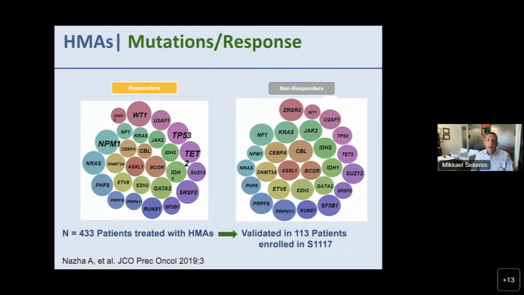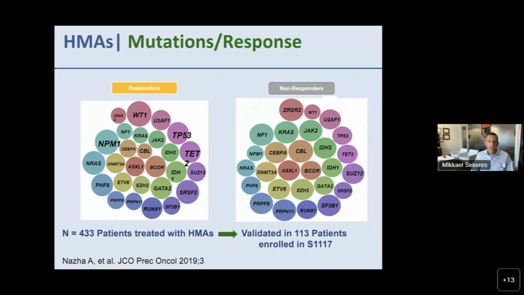So another way of looking at this again is to focus on artificial intelligence, machine learning programming in patients who are treated with hypomethylating agents to see if there's some characteristic of these mutations that predicts response or lack of response to hypomethylating agents.